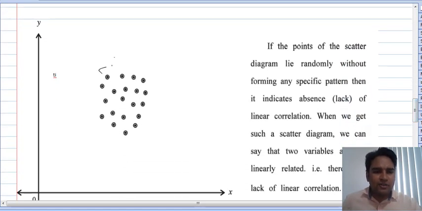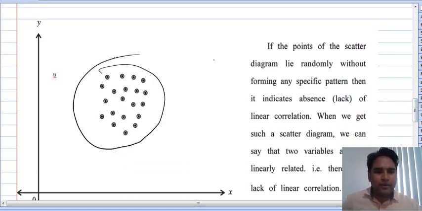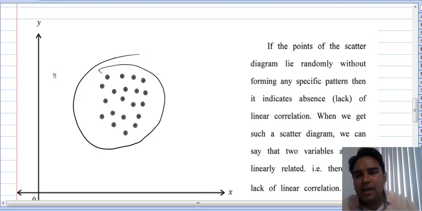And whenever you see this kind of dots, where the intersection dots are not making any line upward or downward, it indicates non-linear correlation, that is absence of correlation, right? Absence of the cause and effect relationship, so it indicates lack of correlation.